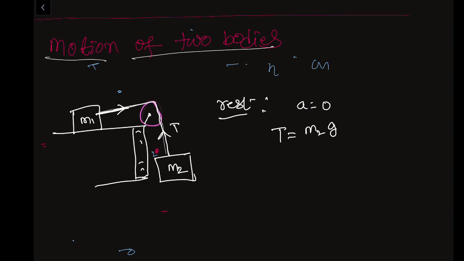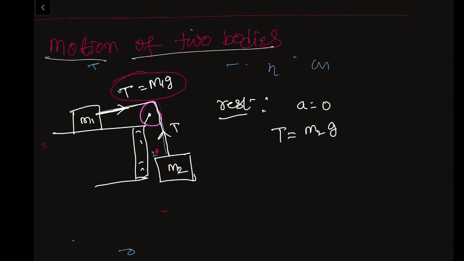Got it? Then tension T is equal to M1 g. We didn't consider T is equal to M1 g here, because it is a horizontal surface.